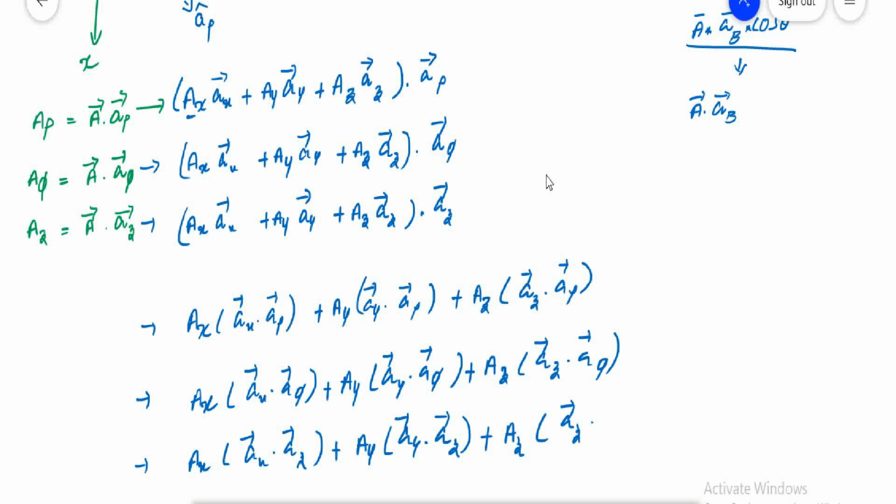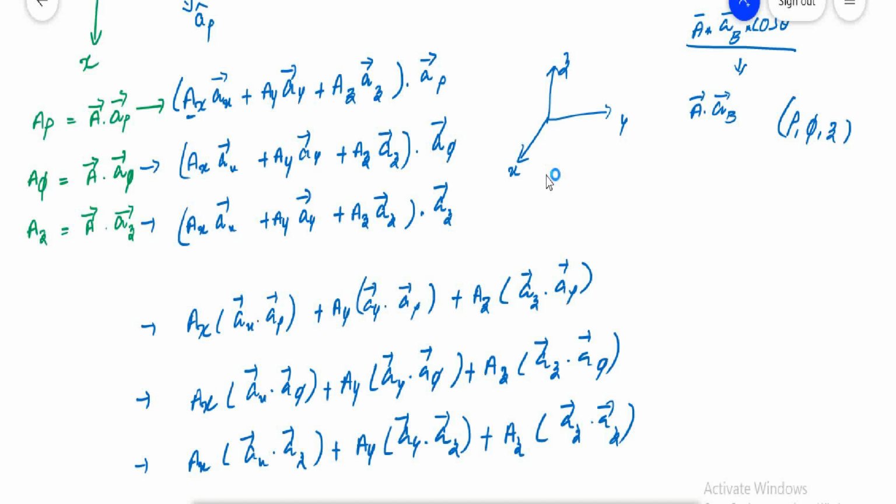So from the concept of dot product, x, y, z are orthogonal to each other, and rho, phi, z are orthogonal to each other. It means that they are perpendicular to each other. So here you are having ax dot a rho, ay dot a rho, az dot a rho.